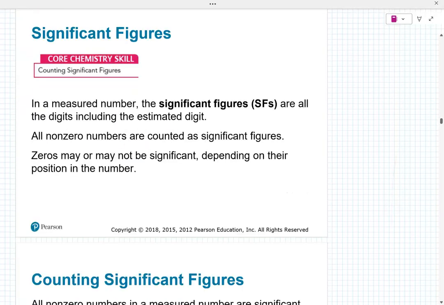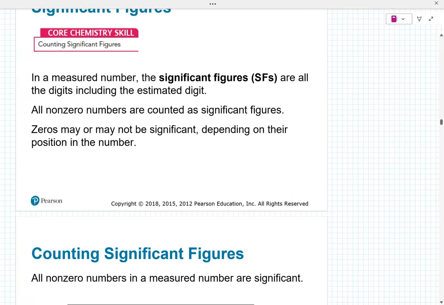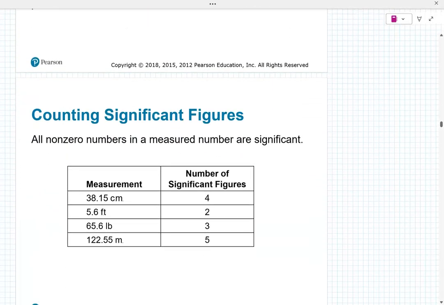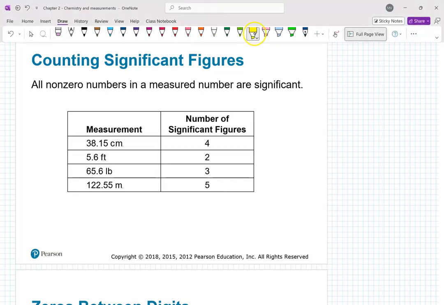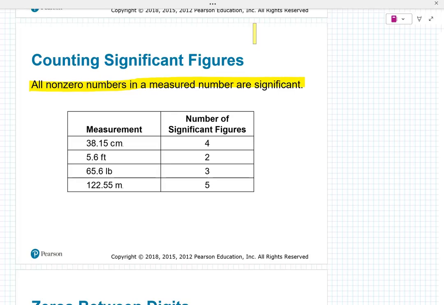Awesome. Sig figs. A bit nightmarish. Really isn't. Okay? So, several rules. Rule number 1. All non-zeros are significant.